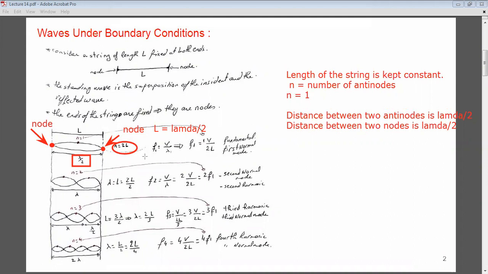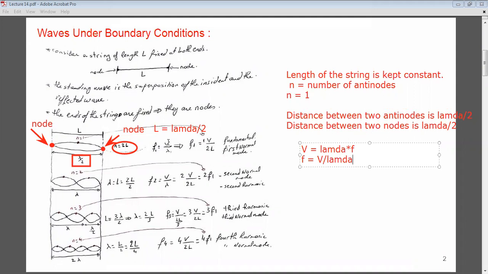And here, if I am to write it in terms of frequency, remember that V is lambda F. So V is lambda times F, which means F is V over lambda. So if I'm calling this lambda 1, then F1 is V over lambda 1.